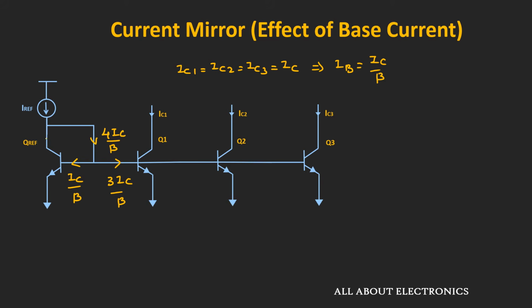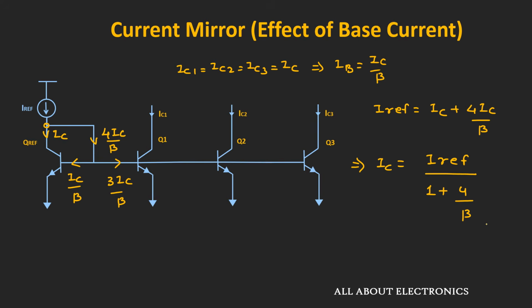And of course, this collector current is equal to IC. If we apply the KCL at this node, then we can write I reference is equal to IC plus 4IC divided by beta. That means the collector current IC is equal to I reference divided by 1 plus 4 divided by beta.